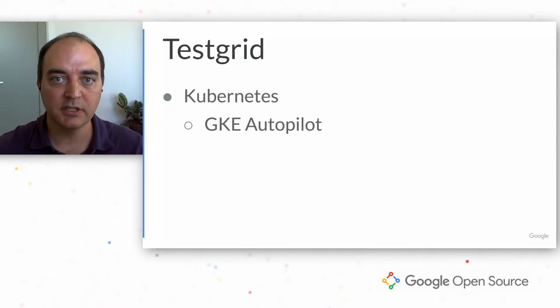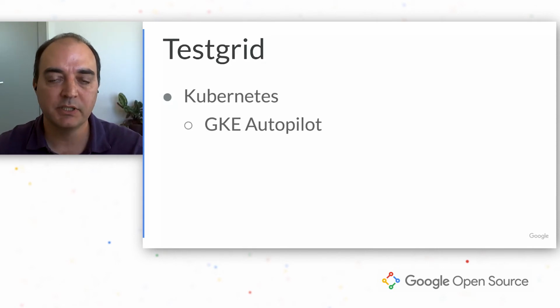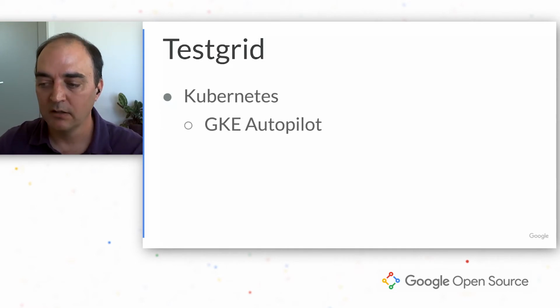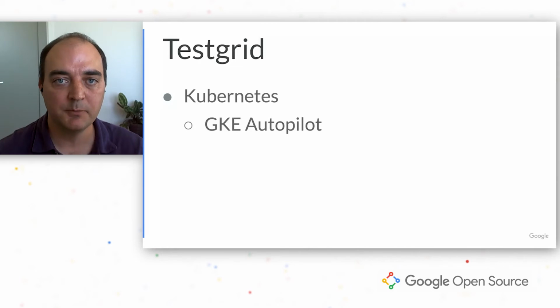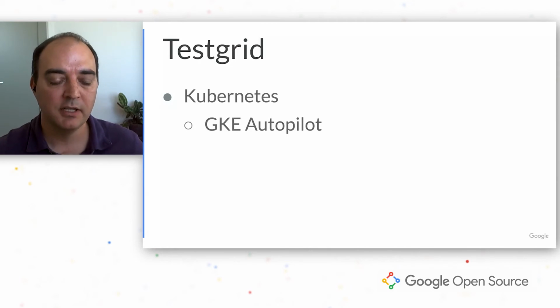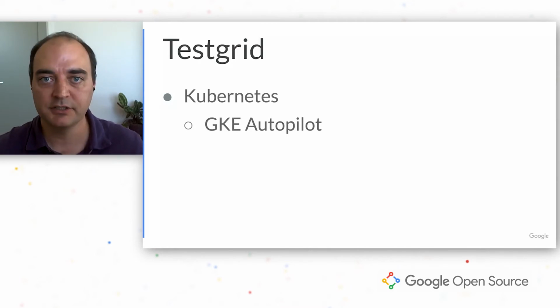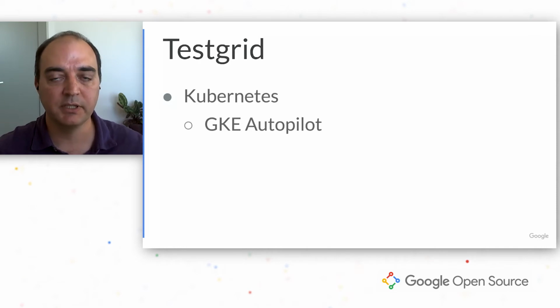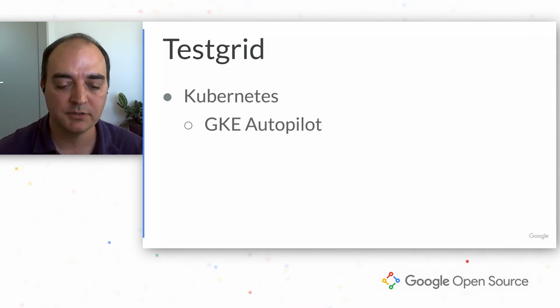Instead, we can just declare that in our deployments. We can specify how many replicas we want, how much RAM and CPU these jobs require, and GKE Autopilot makes sure that the cluster is sized appropriately to handle my jobs. This is really great because node management is a hassle that we don't want to have, and it's been really nice not having to worry about that.